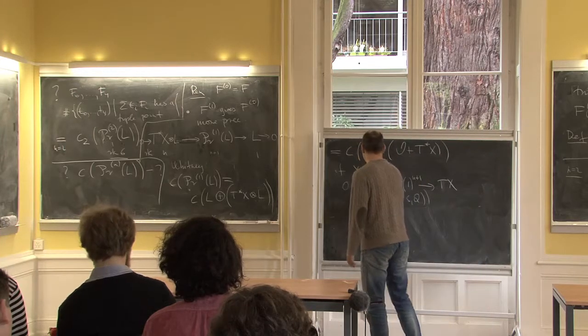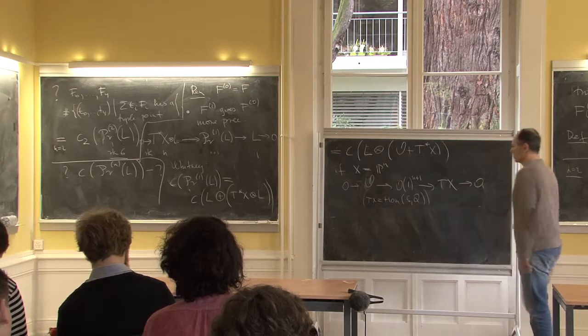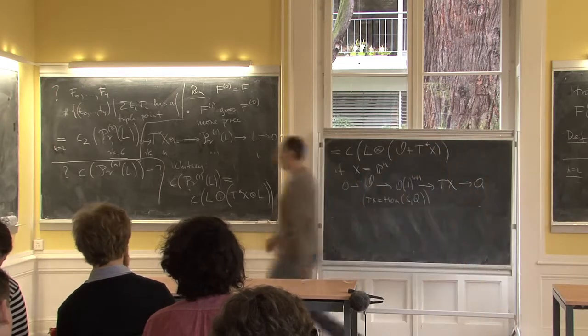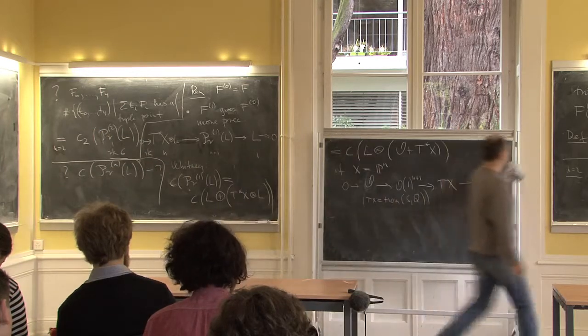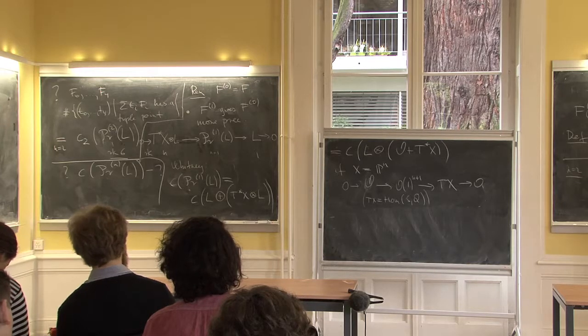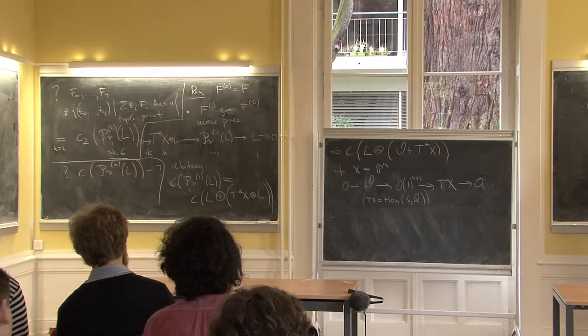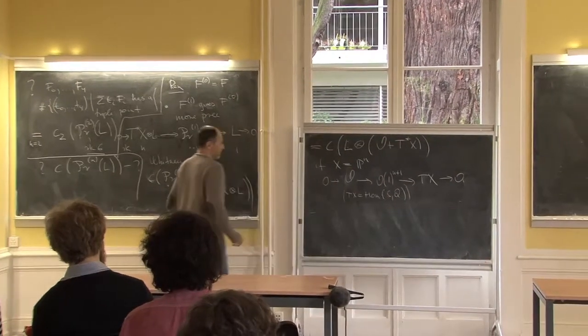Okay, so this is O, this is O, and this is an exact sequence. And this exact sequence is very helpful because, of course, you can see that we're almost there, because this is giving me something.